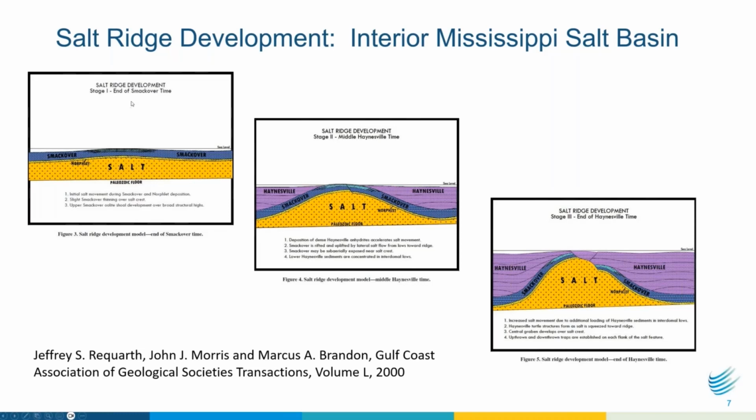And we had some stage one, the end of Smackover time, we had a small structural relief, which I think is controlled by Paleozoics, and a little bit of initial salt movement.